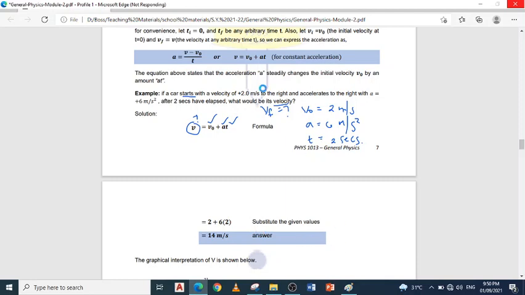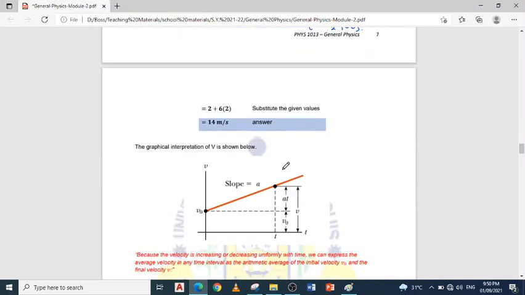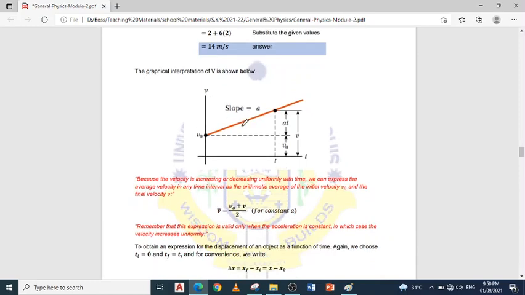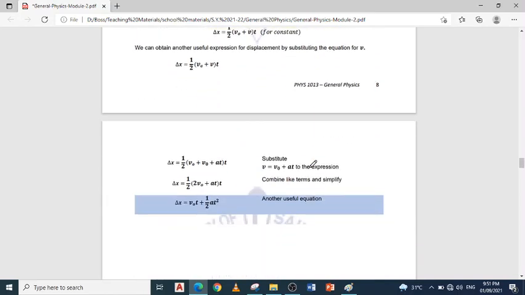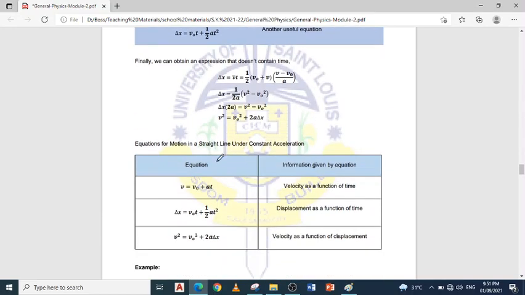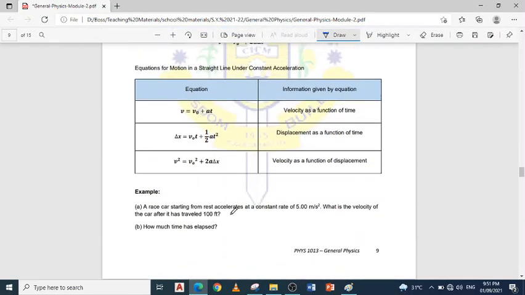Okay? And then, wait lang, nag-lag. Ayun, okay na siya. So, ito yung graphical representation or the interpretation ng ating problem kanina. Okay? And then, another, so ito yung sinabi ko. Okay.